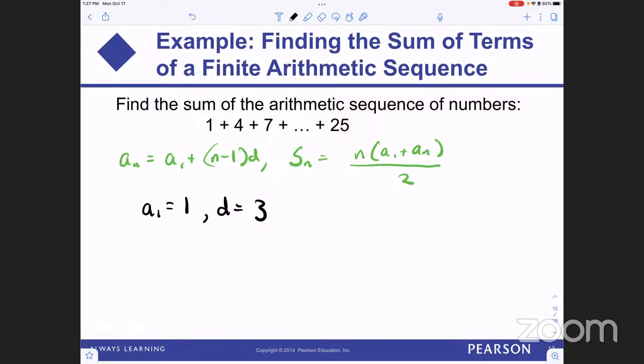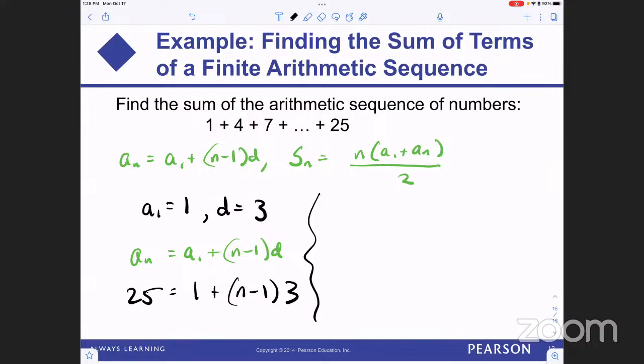So let's start here. The nth term is the first term plus n minus 1 times the common difference. Let's plug in. Our nth term is 25, A1 is 1, we don't know n, we're trying to solve for that, and the common difference is 3. At this point, we have one equation, one unknown, so we can solve for n.